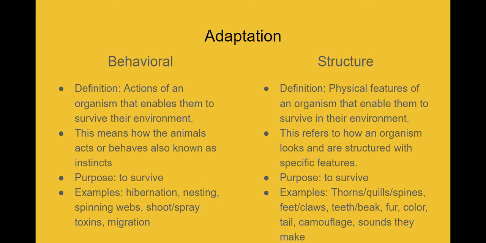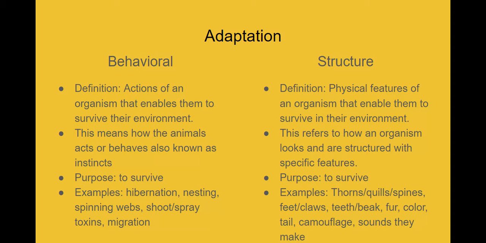Alright, I got structure. Structure is the physical features of an organism that enable them to survive in the environment. So, their structure is what allows them to survive. If you use a polar bear, their white fur is what allows them to survive in the cold. One, it keeps them warm, and it also allows them to protect themselves and hide from predators.